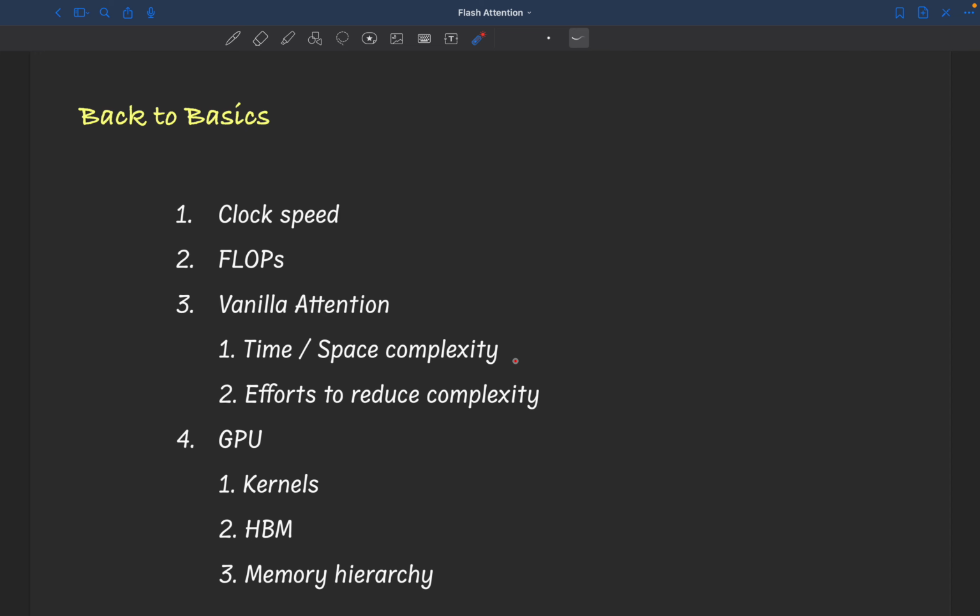So if we have a 512 token length input, and we're talking about one head, each token will have a query, and if you want to compute the attention scores for that token, we will take the keys of the rest of the tokens, and the key will be multiplied with the query, and that will be scaled down, and we will take the softmax of this multiplication, and then we will multiply with the value vector.